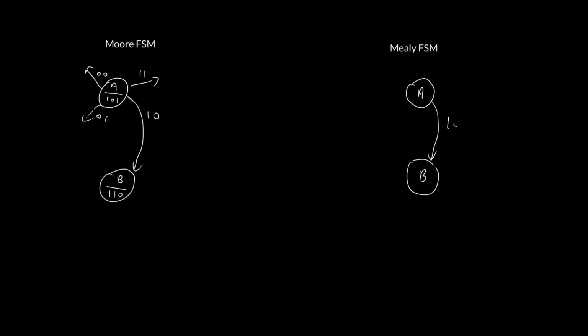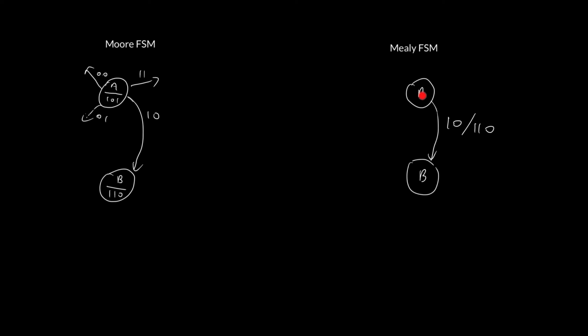Assume this transition is labelled 10/110. Now, what does that actually mean? Two separate things are going on, and only one is related to actually taking this transition. So normally we are going to take this transition at a rising edge of the clock.